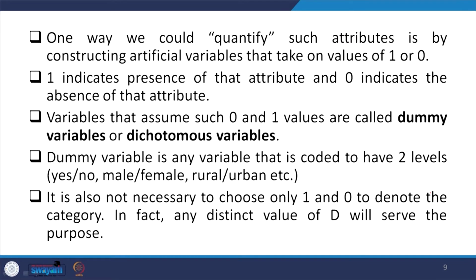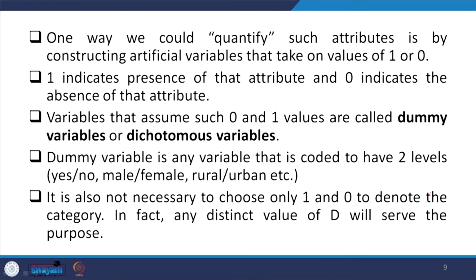One way we could quantify such attributes is by constructing artificial variables that take on codes like 1 and 0, like in binary form. So, 1 indicates presence and 0 indicates absence of an attribute. Variables that assume 0 and 1 values are called dummy variables or dichotomous variables.